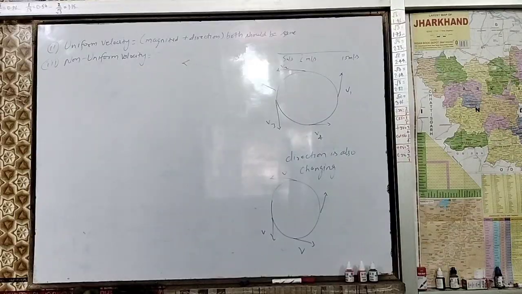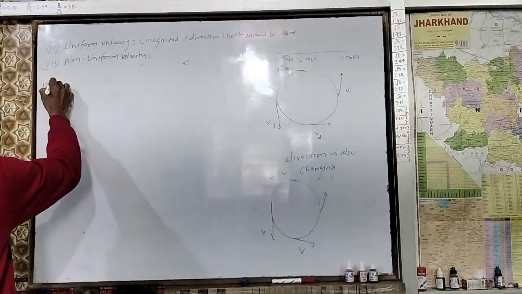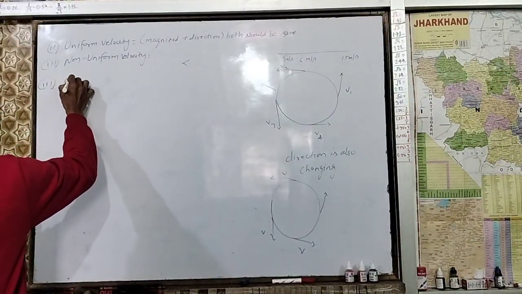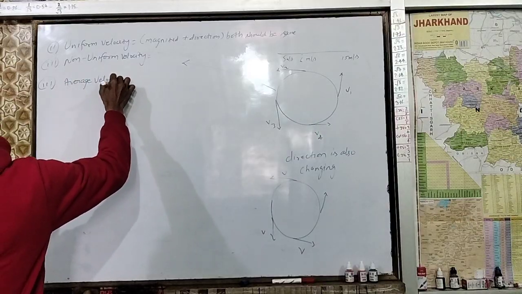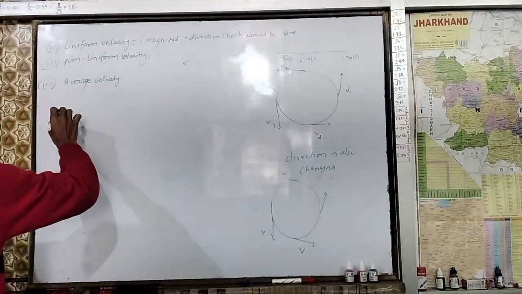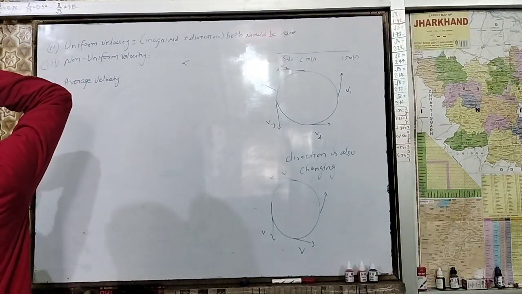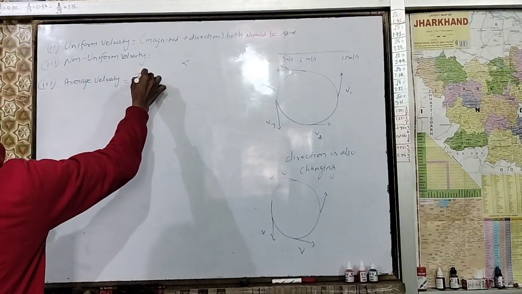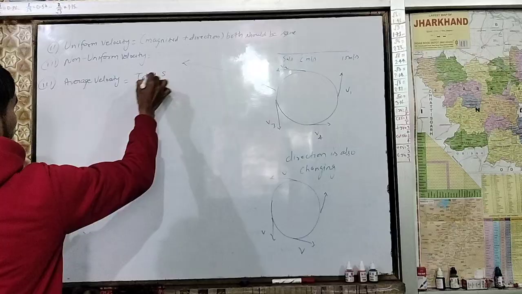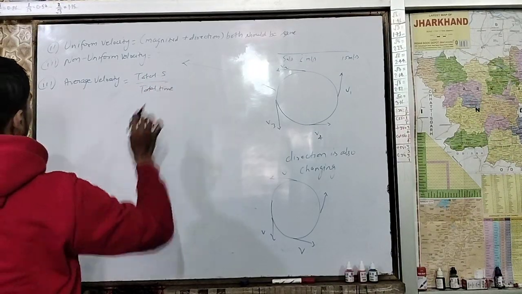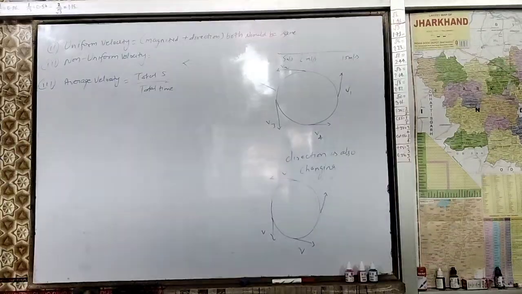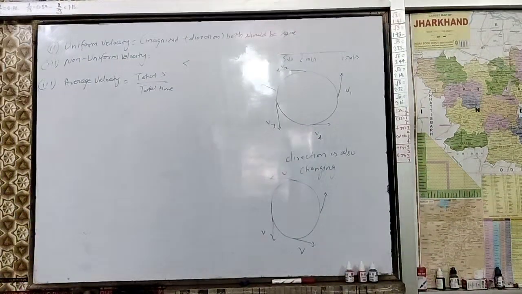average velocity. Again, we know total distance upon total time. This is the formula to calculate average velocity. We are familiar with it from when we were discussing average speed.